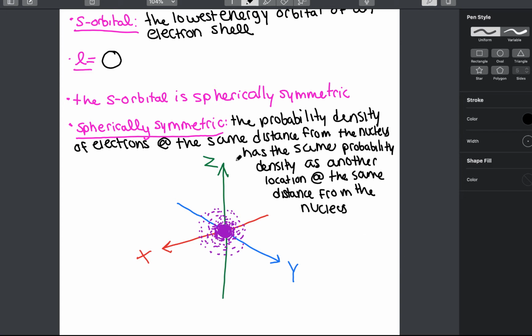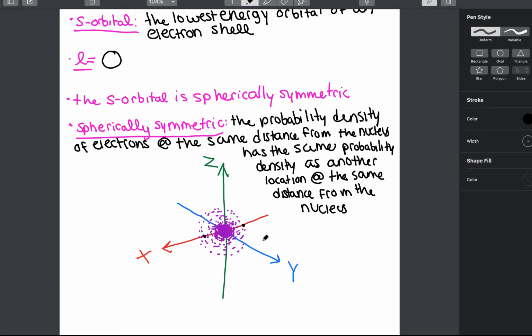So spherically symmetric means that the probability density of electrons at a particular distance from the nucleus has the same probability density as another location at the same distance from the nucleus. So in other words, if let's say your electron is here in the x direction, the probability density in this area of the graph here would be the same as this area in the graph here, because this area is at the same distance from the nucleus as this area.